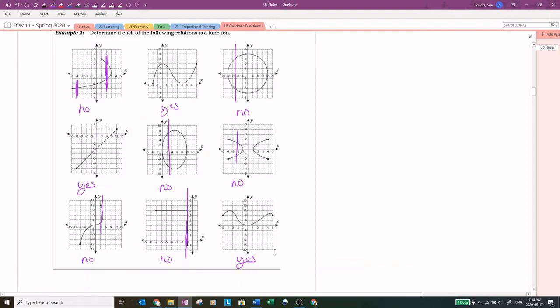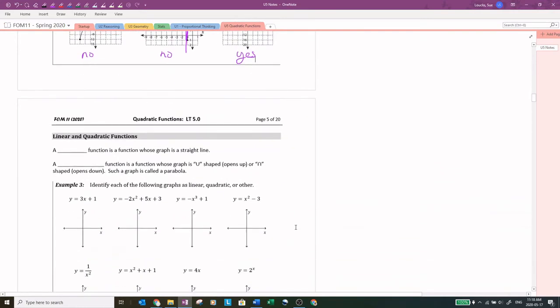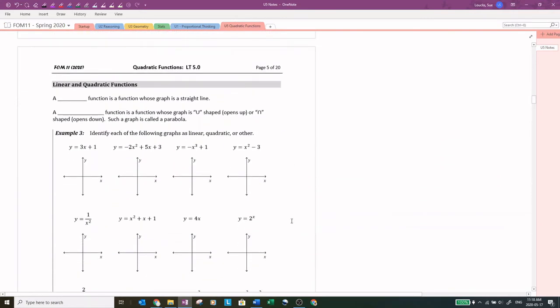All right, how'd you do? Okay, it's not a difficult concept, but it's just one more piece of vocabulary that you need to be aware of, okay? All right, linear and quadratic functions.